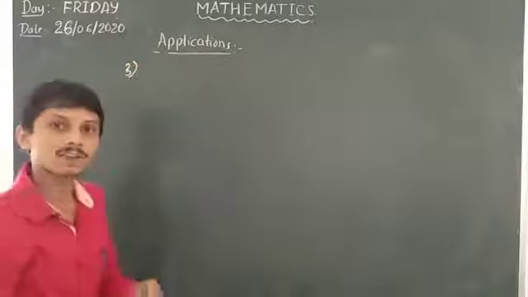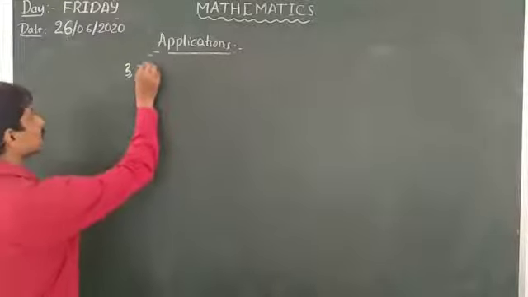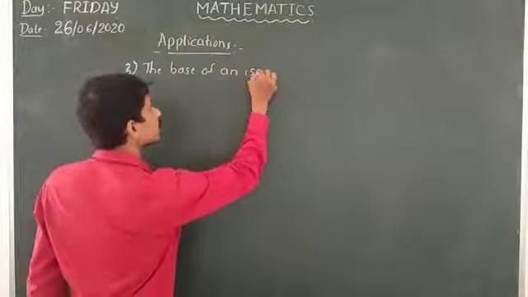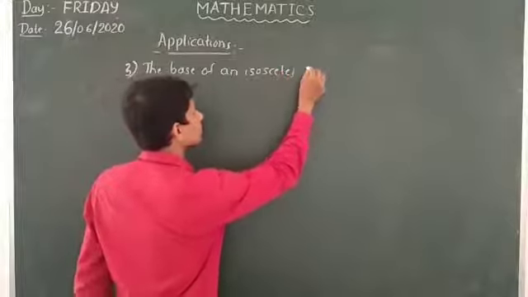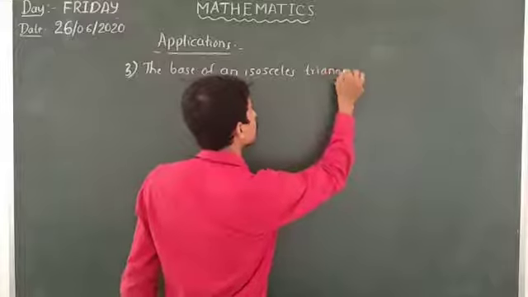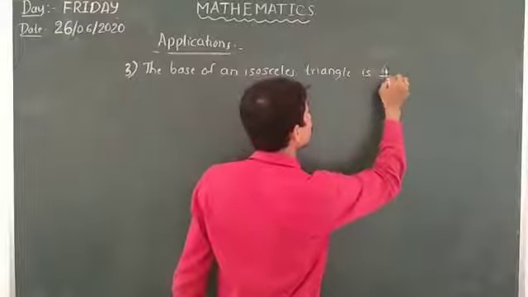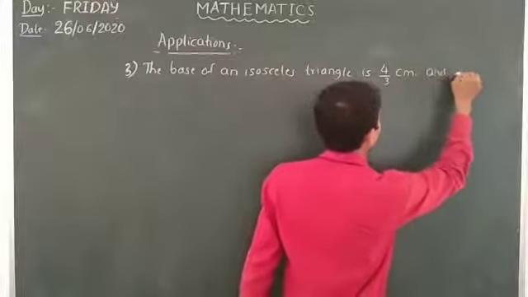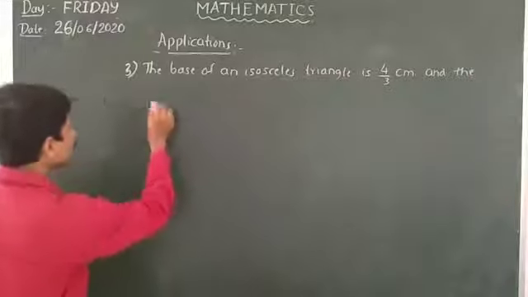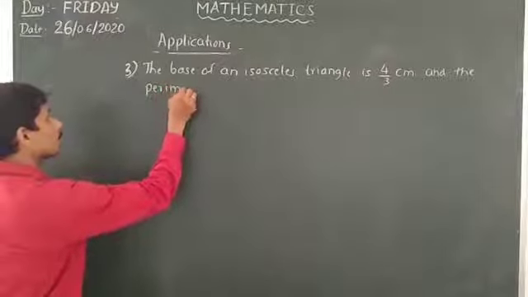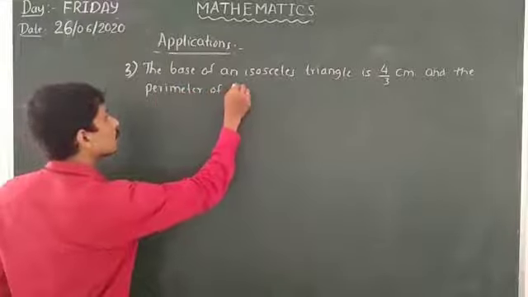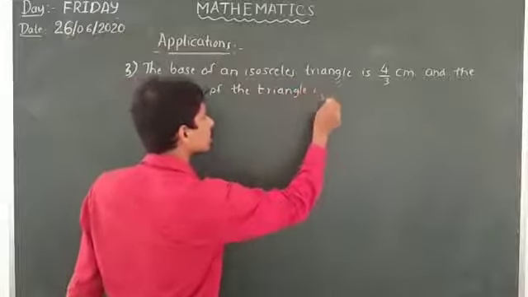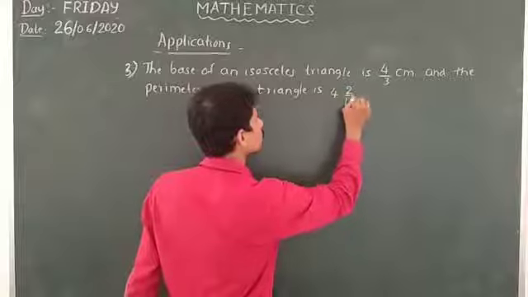Third problem is based on triangles. The base of an isosceles triangle is 4 by 3 centimeter and the perimeter of the triangle is 2 by 15 centimeter.